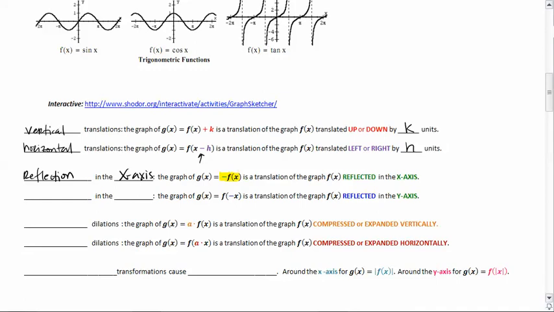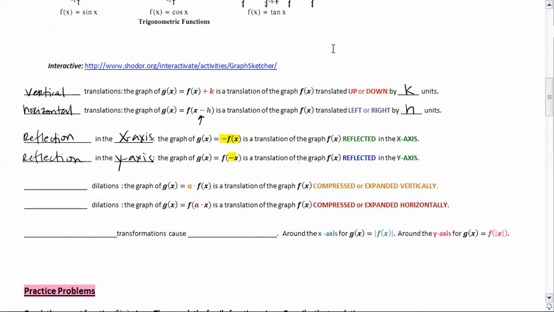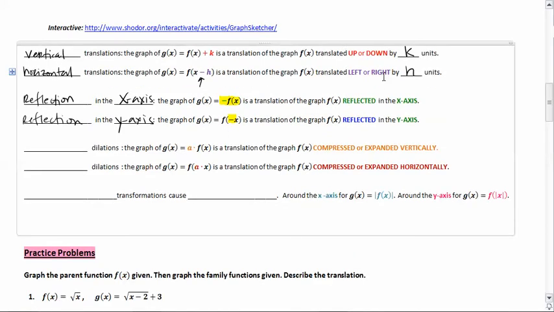Or you can have a reflection in the, you guys guessed it, y-axis. For that situation, the graph of g of x is equal to f of negative x. This is similar to even and odd functions, if you guys remember that.